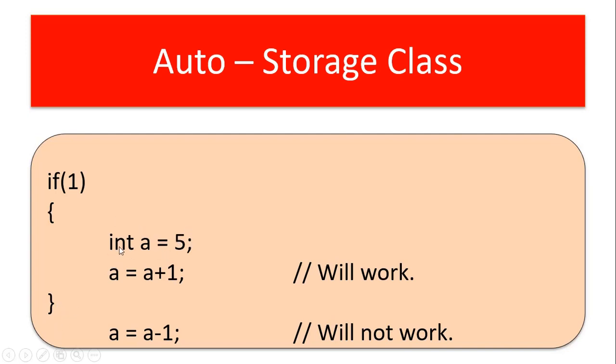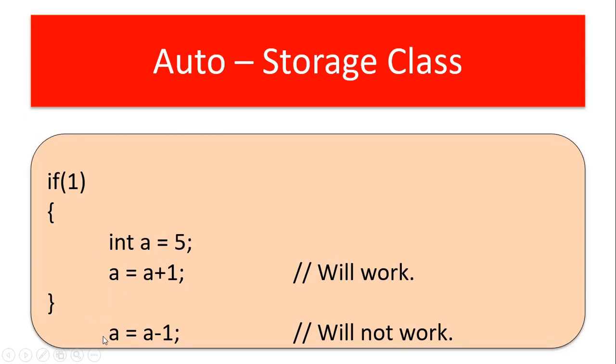So whenever a local variable or an auto variable is created, when the compiler comes inside, the variable will be created. Once all the code inside that block has been executed, immediately after that, once the compiler comes out of the braces like here, this variable will be destroyed.